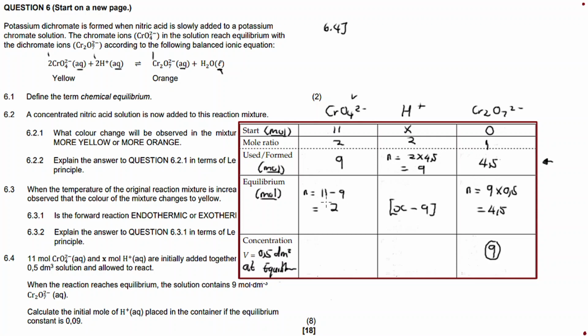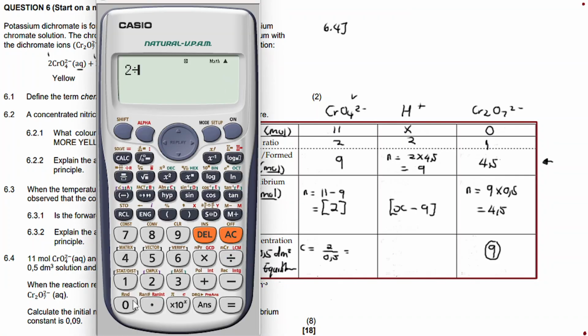Now my answers were at equilibrium. Now we have to change this to concentration. So the concentration at equilibrium, because in the equilibrium constant equation, we substitute only concentrations. So we say 2 over the volume, which is 0.5. The answer is 2 divided by 0.5, or 4.